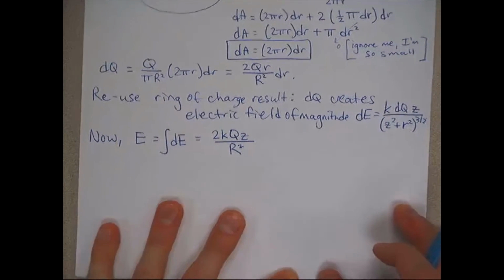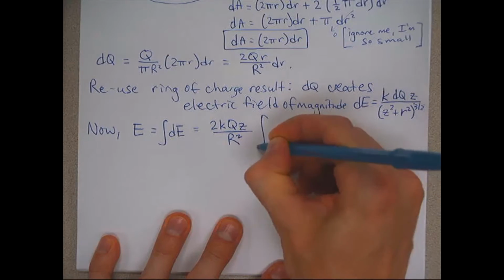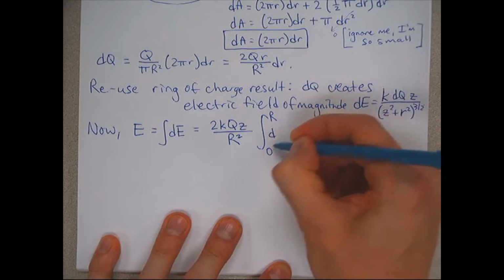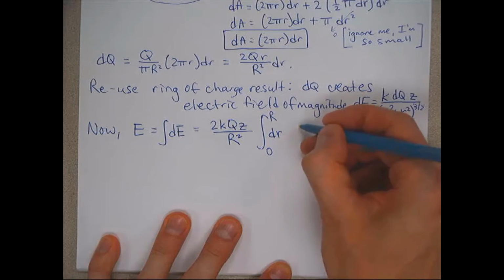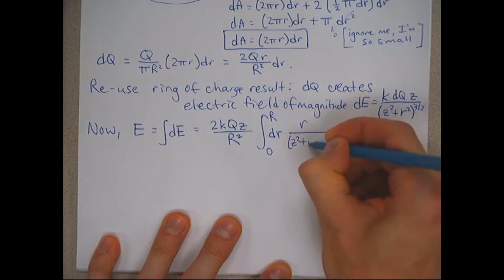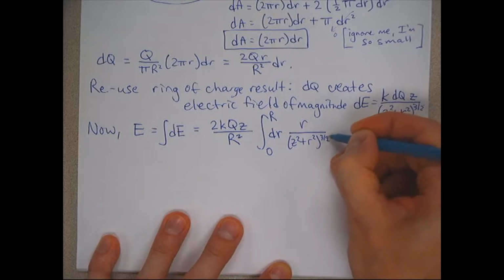So we'll be integrating over lowercase r. The bounds of this integral should be 0 at the origin to capital R at the edge of the disk. We have r over z squared plus r squared to the 3 halves.